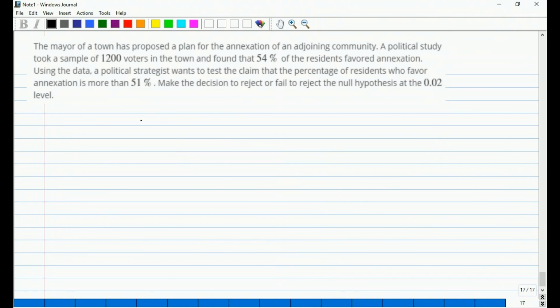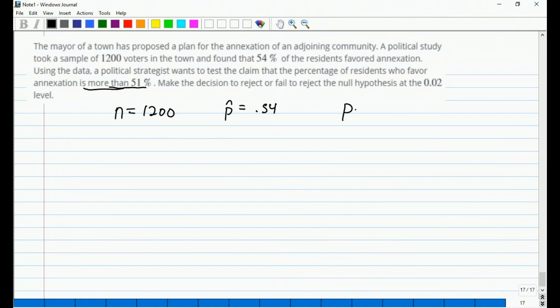A mayor of a town proposed a plan for the annexation of an adjoining community. A political study took a sample of 1,200 voters in the town and found that 54% of the residents favored annexation. Using the data, a political strategist wants to test a claim that the percentage of residents who favor annexation is more than 51%.